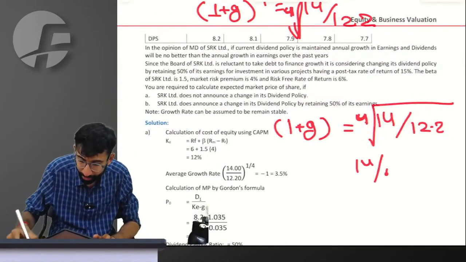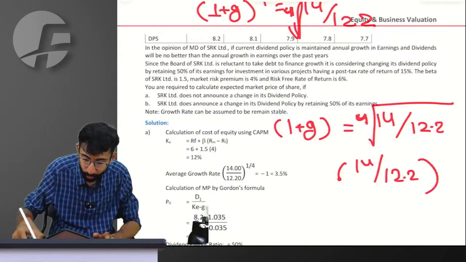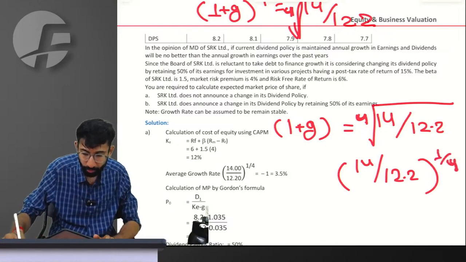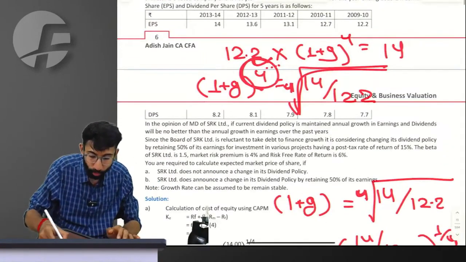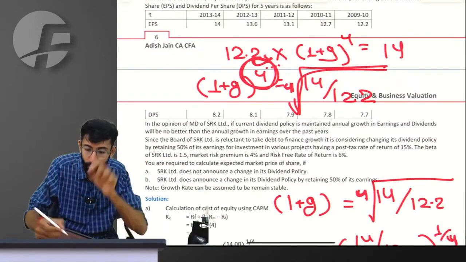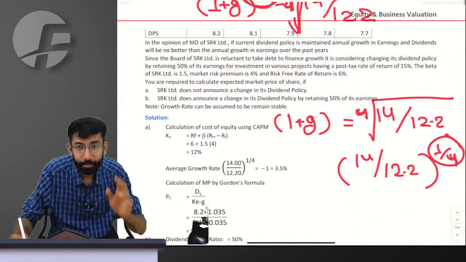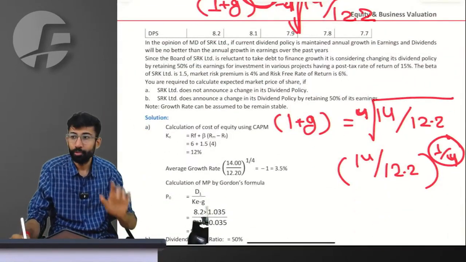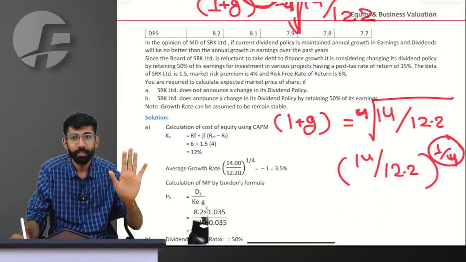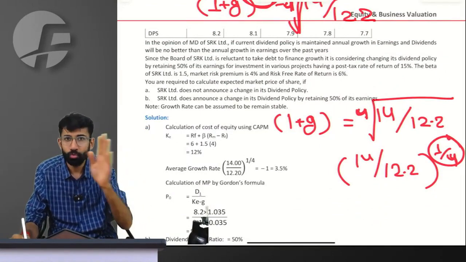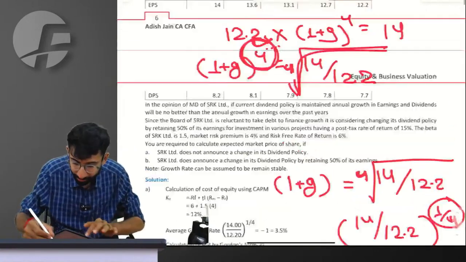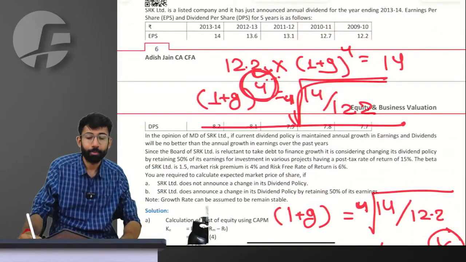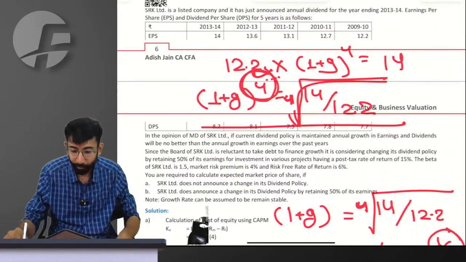Basically it is 14 divided by 12.2 to the power 1 by 4. Simply saying, what is towards the left as to the power 4, when you take it towards the right, becomes to the power 1 divided by 4. You know the simple mathematics? Just in case someone doesn't know, I know a lot of people would know it. Anyways, what are you getting as the answer is my question. What are you getting as the growth rate? Waiting for the answer.